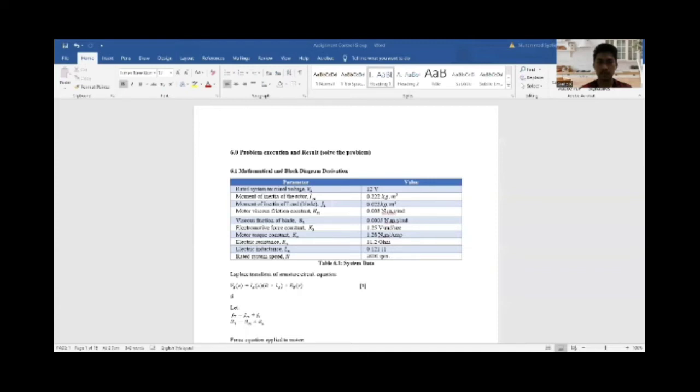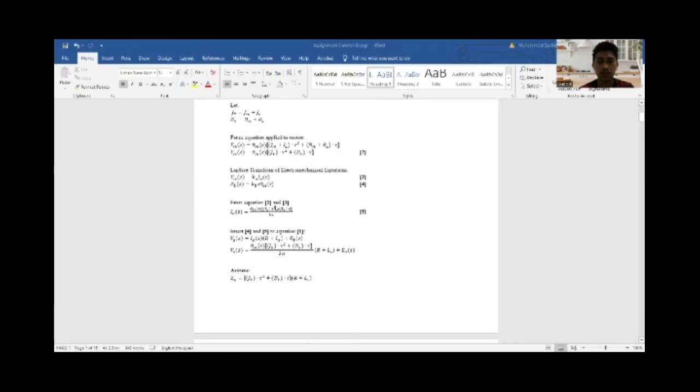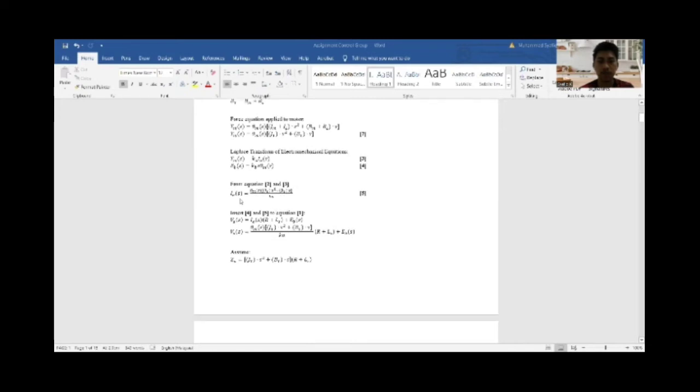So this is the mathematical and block diagram derivation. This is the system data that we get from the equation. The first thing to do is the Laplace transform of the system equation. Then we apply the first equation to the motor, do the transform of the mathematical equation, substitute equations 2 and 3 into Ia, and substitute equations 4 and 5 into equation 1.